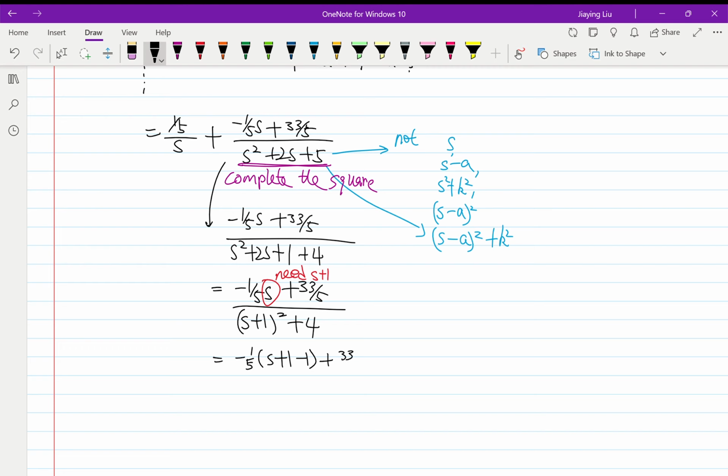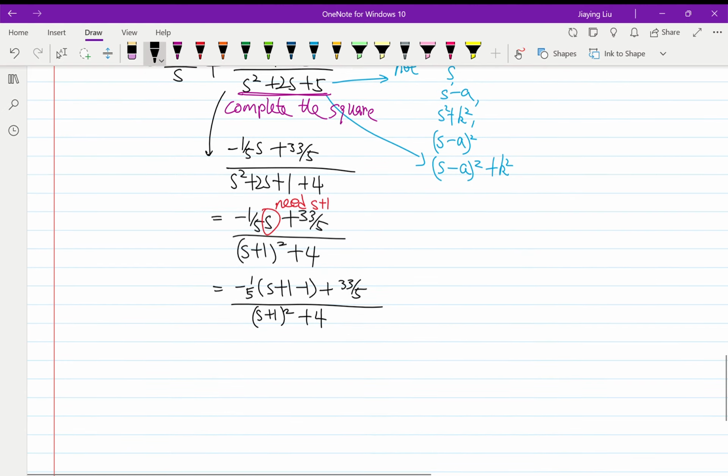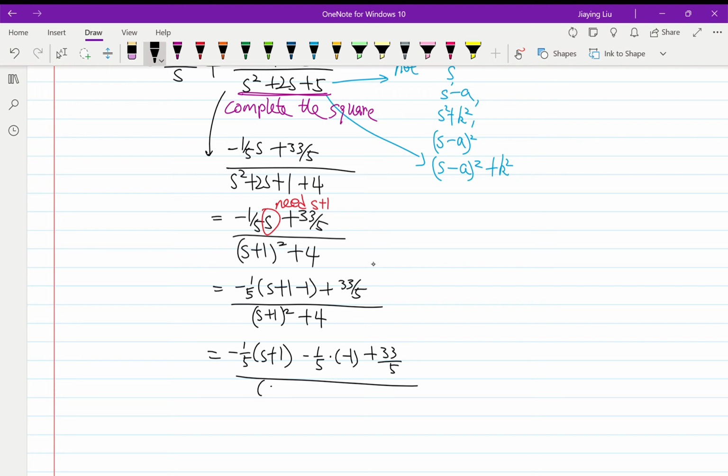Plus 33 over 5 divided by S plus 1 squared plus 4. So that becomes negative 1 over 5 times S plus 1, minus 1 over 5 times negative 1, plus 33 over 5, all divided by this denominator.